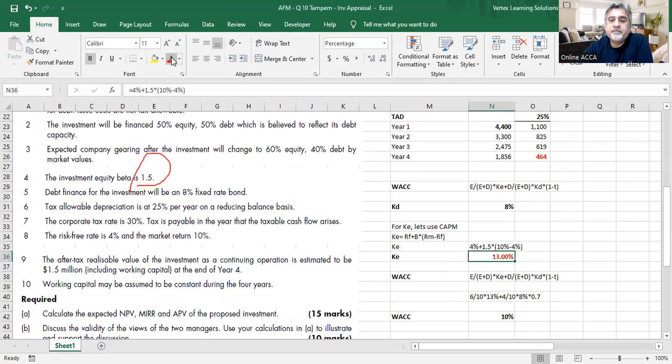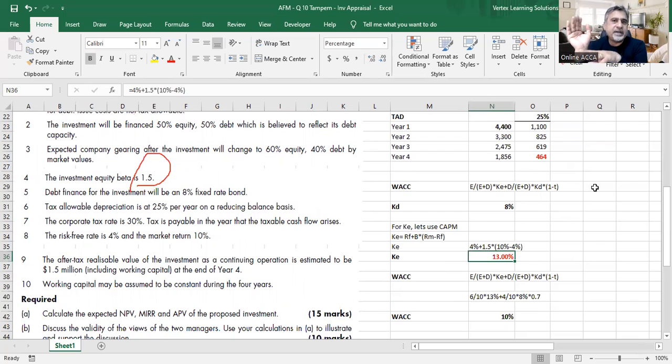This 13% return is there to cover their risks. They want a 4% risk-free rate, plus a certain premium for this particular nature of business, plus a certain premium for having the debt in the project.